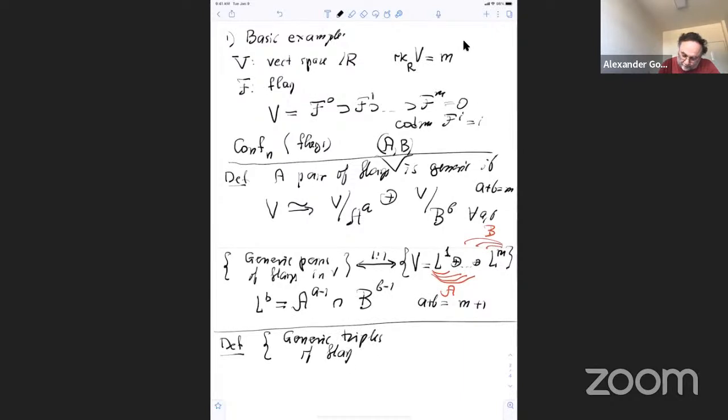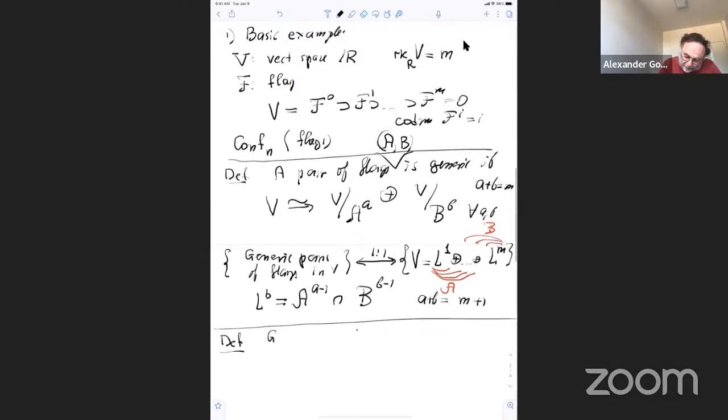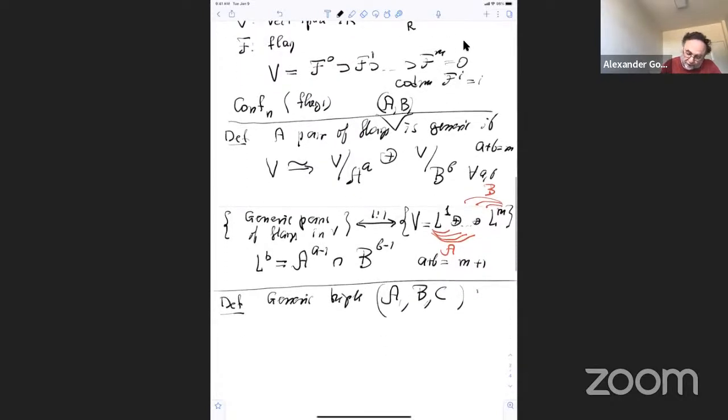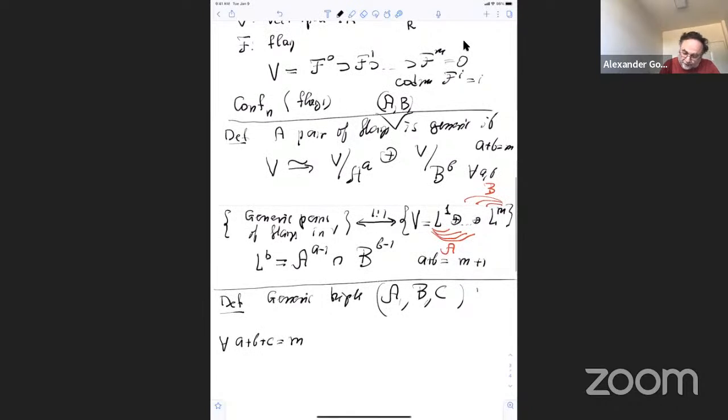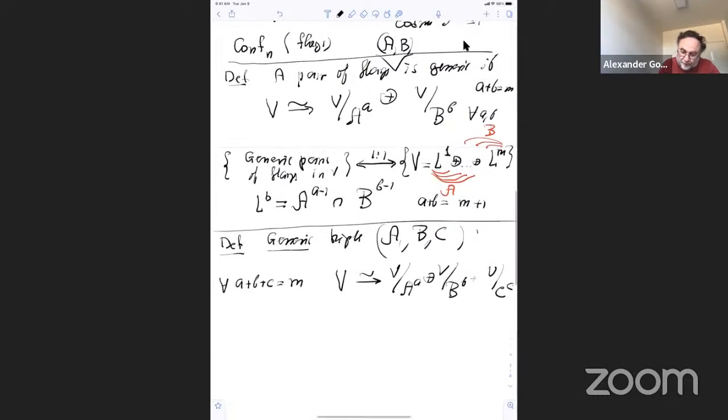By definition, a generic triple, let's say A, B, C, means the following condition: that for any triple of numbers A, B, and C which sum to M, we have a similar condition that the map from V to V mod F_A, plus V divided by G_B, plus V divided by H_C, is actually an isomorphism. So generic means that you have an isomorphism.